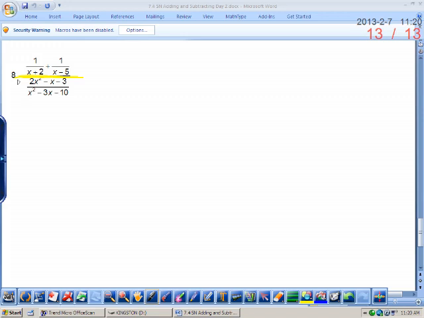Okay, so what are we going to have to do first? Good. In the numerator, we're going to need to combine those fractions. What should we use as our LCD? Okay. So I have 1 over x plus 2 plus 1 over x minus 5.